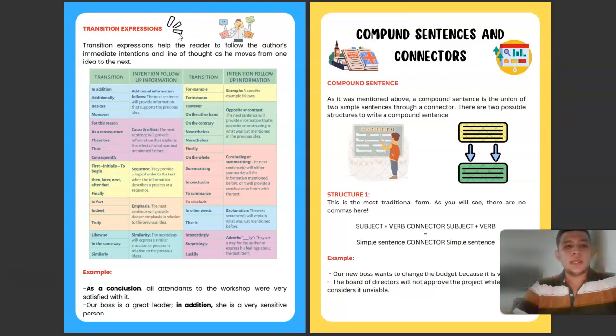For example, the transitions: in addition, for additional information, for cause and effect, for emphasis, for similarity, for opposite, for closing, for explanation, like in fact, moreover, therefore, for example, however, finally, that is, luckily. For example, as a conclusion, our attendants to the workshop were very satisfied with it.